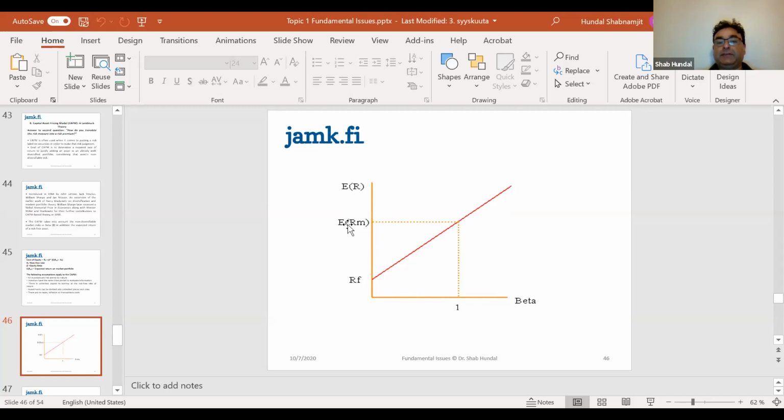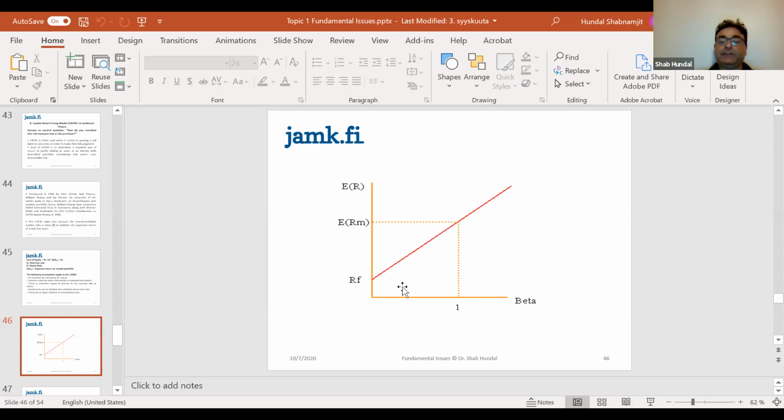And here you see the expected rate of return from the market, RM, where the beta is 1. So the beta of the index is always 1. So if you choose to pick a stock whose beta is higher, then definitely you should expect that the return on the stock would be more than that of the market.